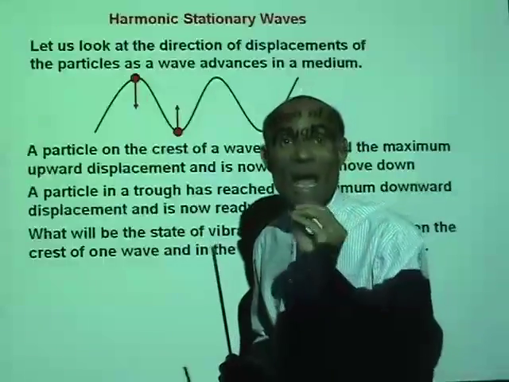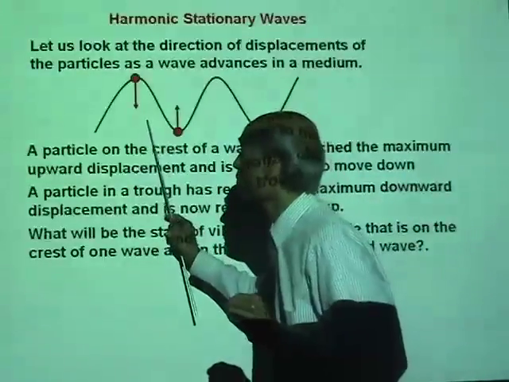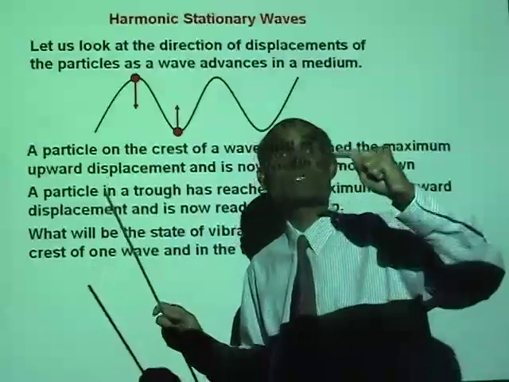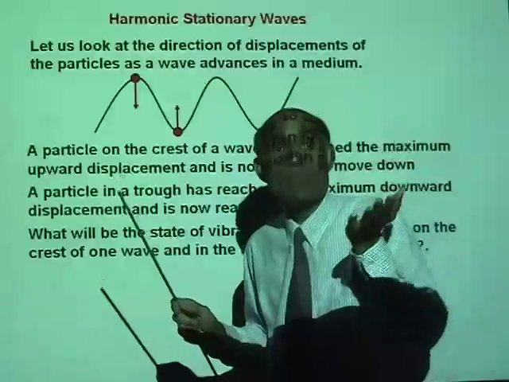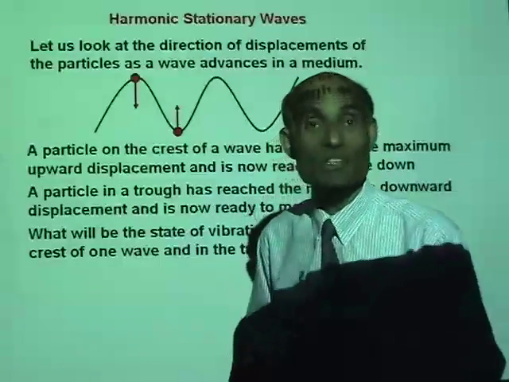Therefore, what will happen? What will be the state of vibration of a particle which is subjected to the crest of one wave and the trough of the other wave? We talked about this in the last class.